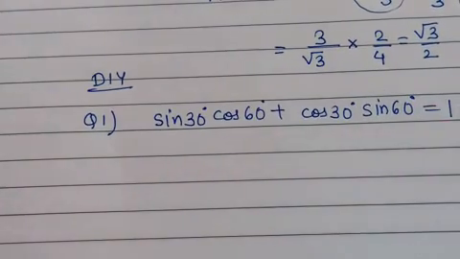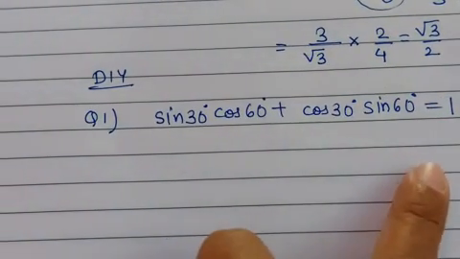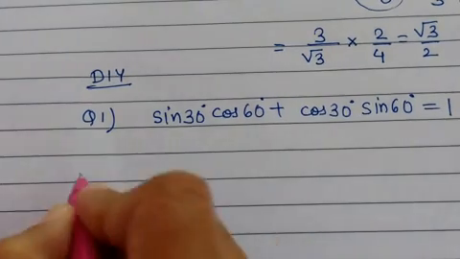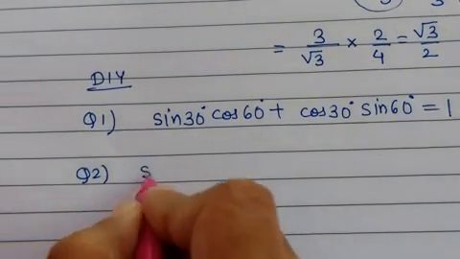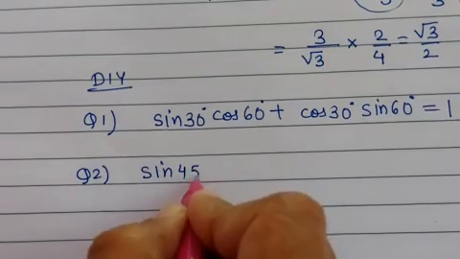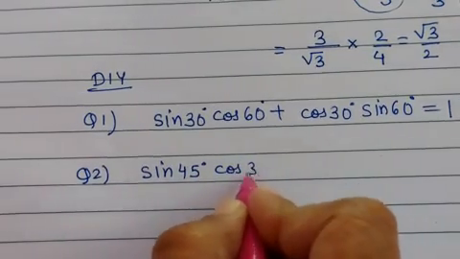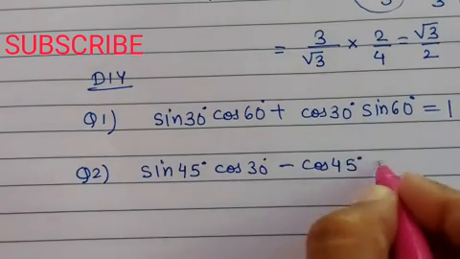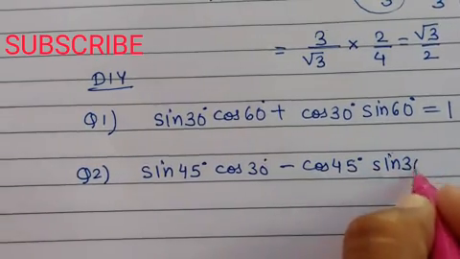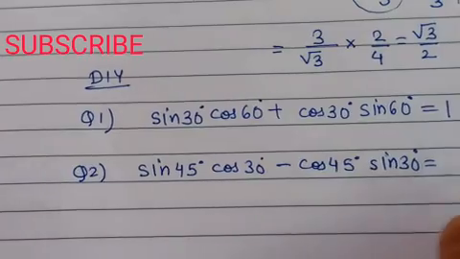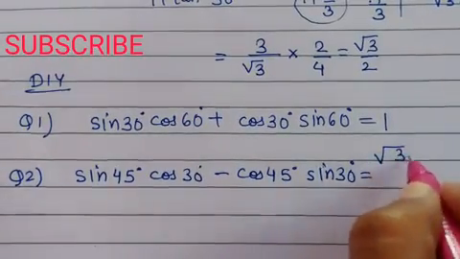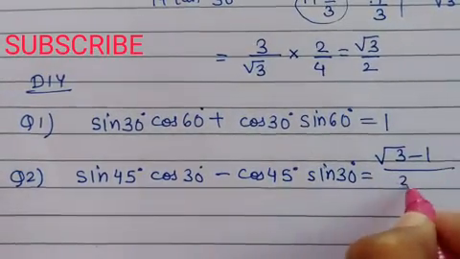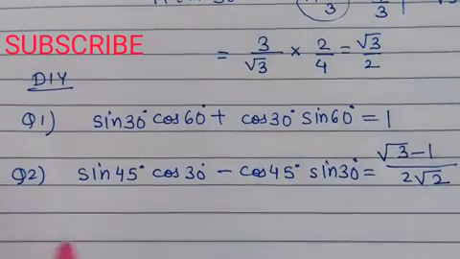We have to prove it as 1. Question 2 is sin 45 degree cos 30 degree minus cos 45 degree sin 30 degree is root 3 minus 1 divided by 2 root 2.